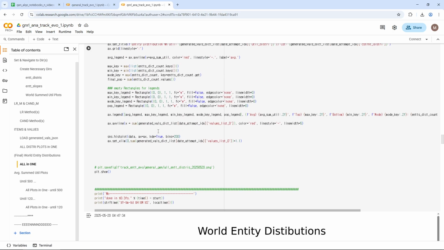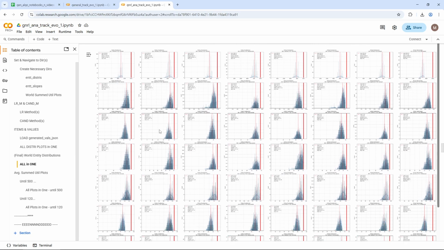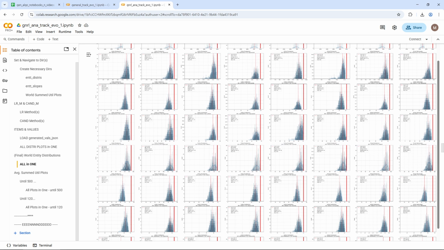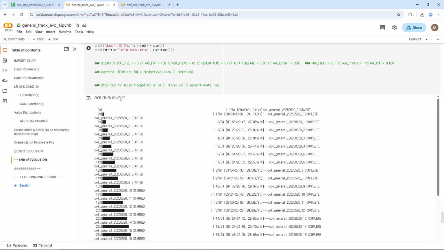So this is what it looks like all in one, but since this is hard to actually see anything, well, first I should do this.